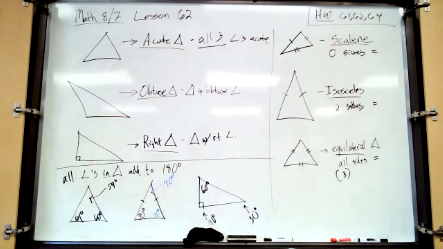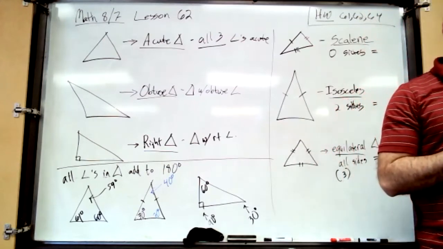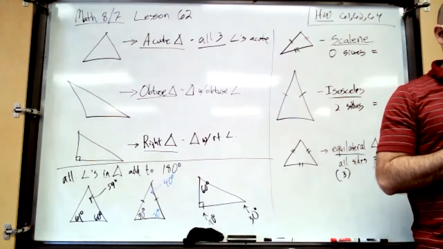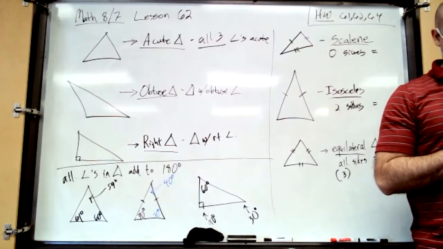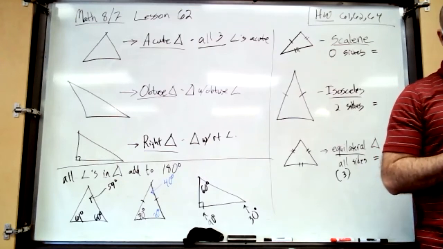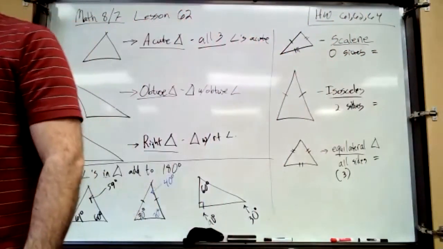What about an isosceles right triangle? Is that impossible? No. So we just need two sides the same. So can you draw an isosceles right triangle? Who thinks they can? Anyone want to try?